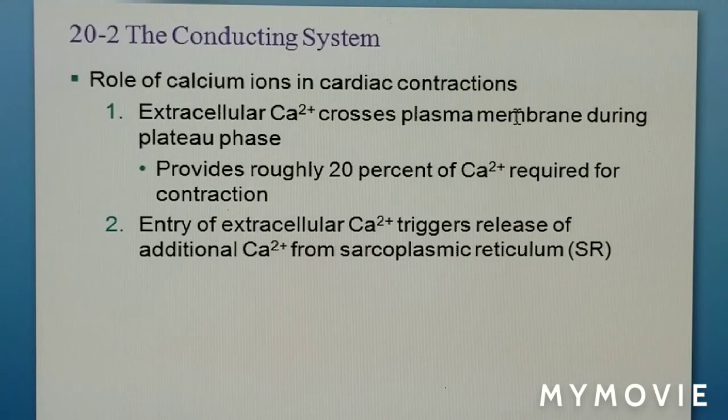Role of calcium ions in cardiac contractions. Extracellular calcium crosses the plasma membrane during the plateau phase, provides roughly 20% of the calcium required for contraction. Where's the other percentage? Okay, entry of extracellular calcium triggers release of the additional calcium from the sarcoplasmic reticulum, which again was the area that stored calcium reserves.